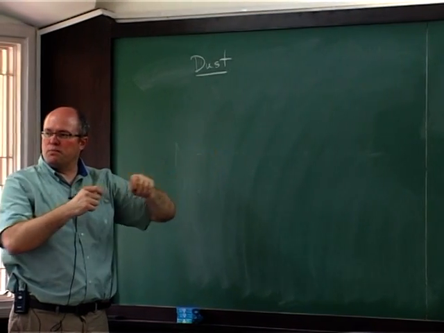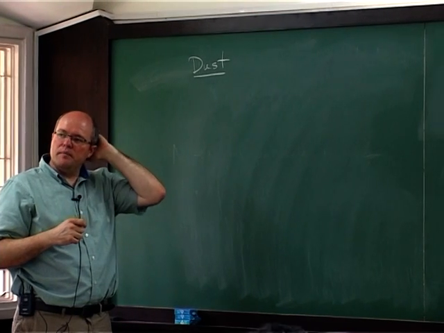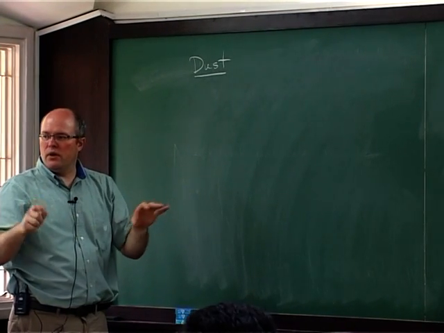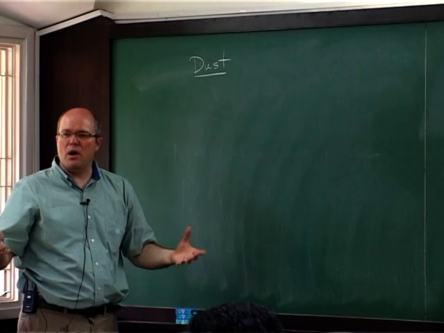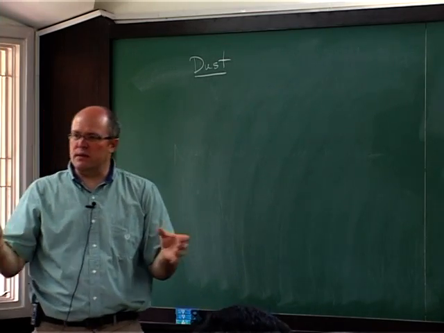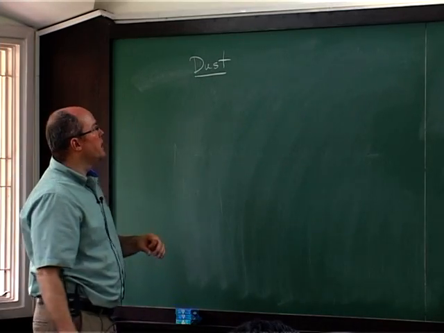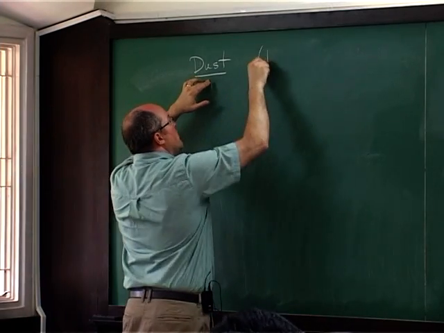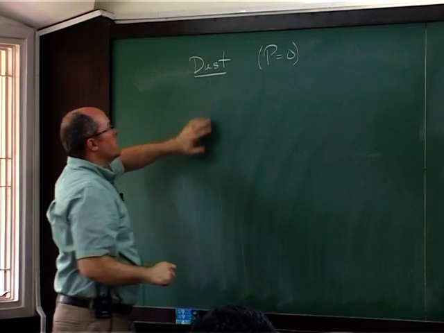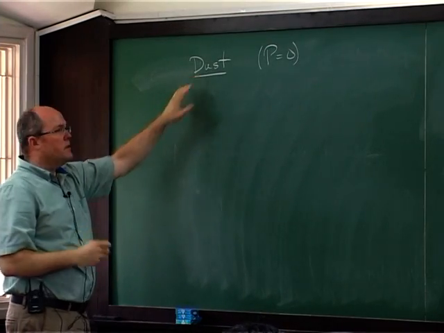So we think of these as particles that have no pressure at all. It's a common model for stars in the galaxy, right? Stars in the galaxy don't exert a pressure on one another as they move around. And so if the pressure P is zero, we call that a special case of dust, okay?